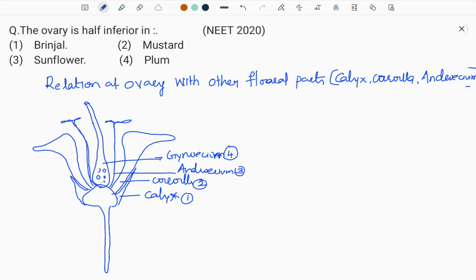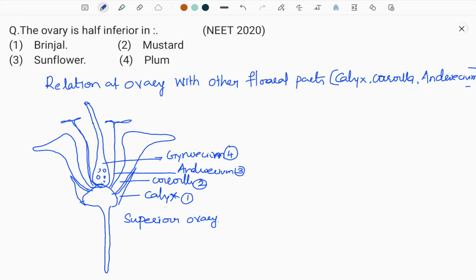As far as the seating arrangement is concerned, the gynoecium is present on the tip of the thalamus. It is at the top, apart from all the others. First part, second part, third part, fourth part. So we call it a superior ovary.